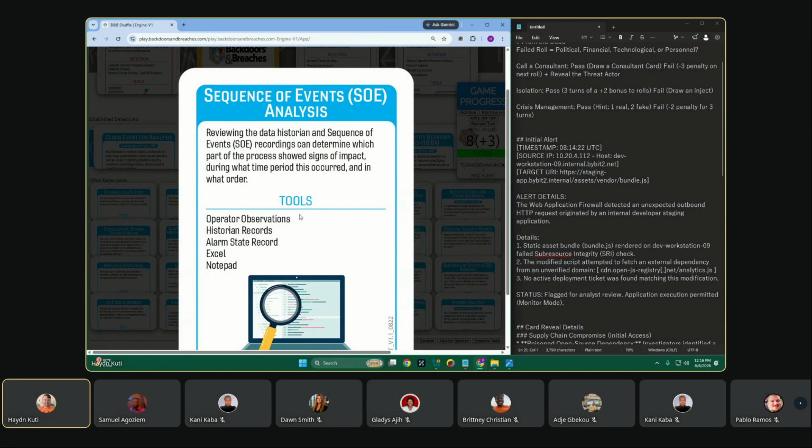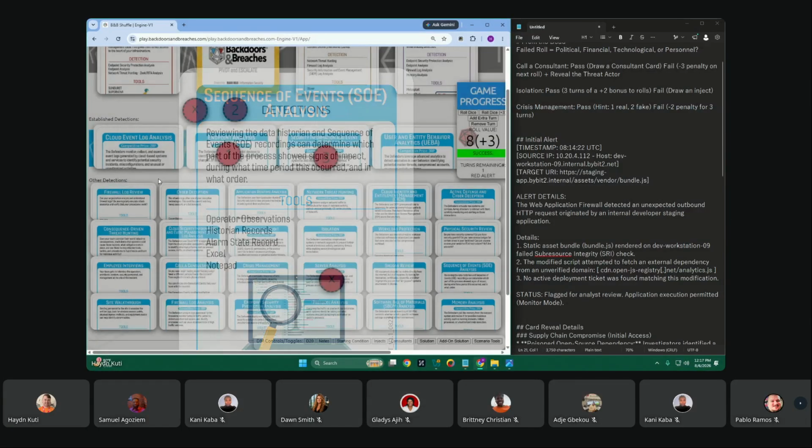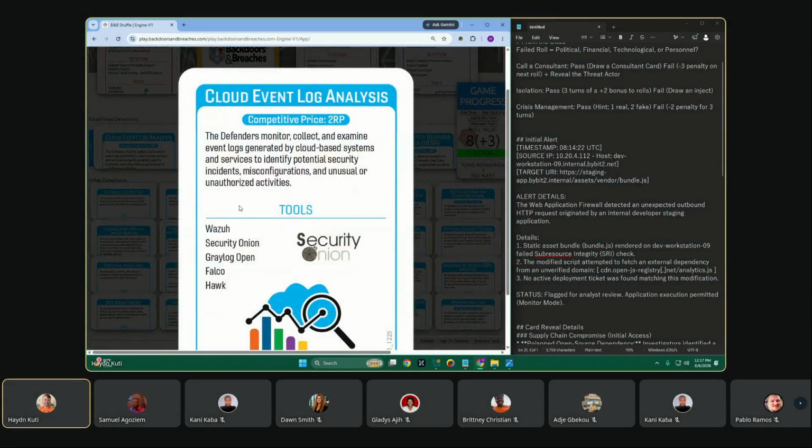Sequence of events analysis is reviewing the data historian and sequence of events recordings to determine which part of the process showed signs of impact, during what time period this occurred, and in what order. Cloud event log analysis: the defenders monitor, collect, and examine event logs generated by cloud-based systems and services to identify potential security incidents, misconfigurations, or unusual or unauthorized activities.